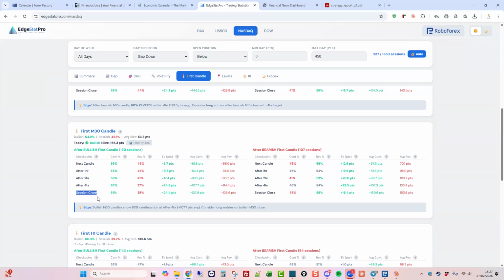But if you are looking for longs today, how much should I be targeting? Well, I reckon we'll probably do around about 127 points by the end of the session. So if your target is 400 points away, you know you're not going to hit that. It gives you information that's useful, but it doesn't tell you how to trade. Yeah, that's the next step, is how do we execute?